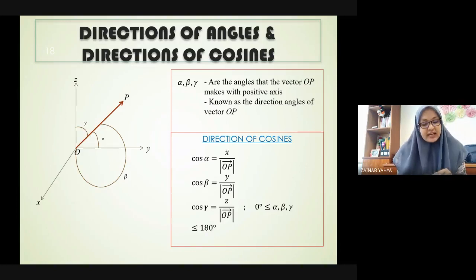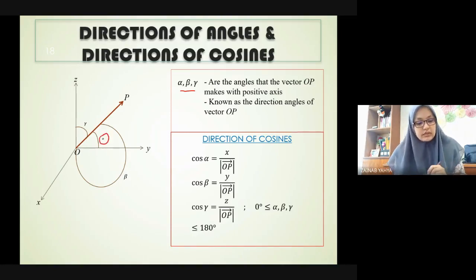Let alpha, beta, and gamma be the angles that the vector OP makes with the positive axes, known as the direction angles of OP. We want to find cos alpha. This is alpha. Cos is adjacent over hypotenuse, right?